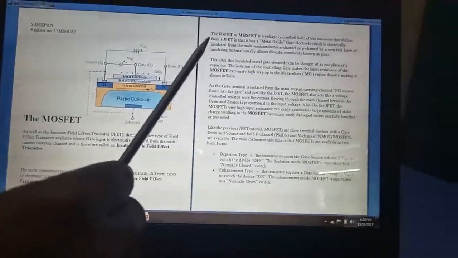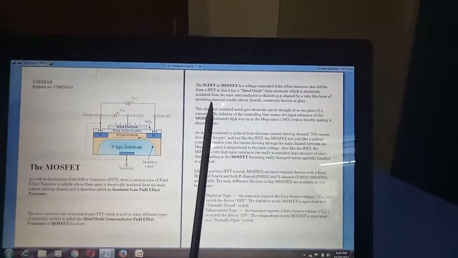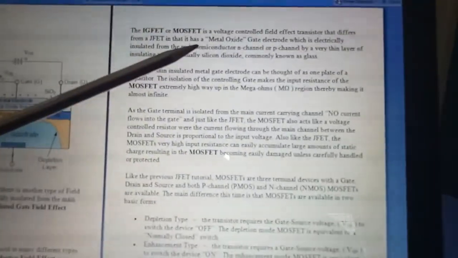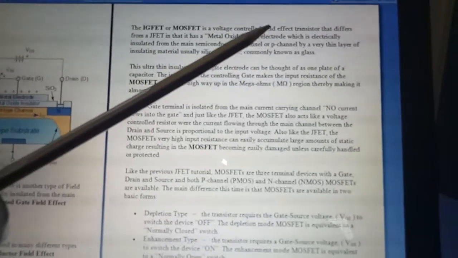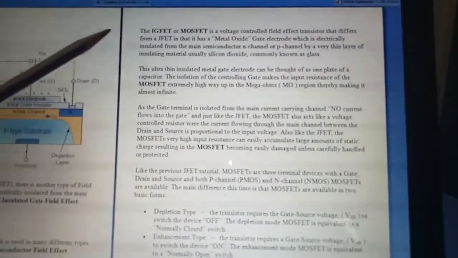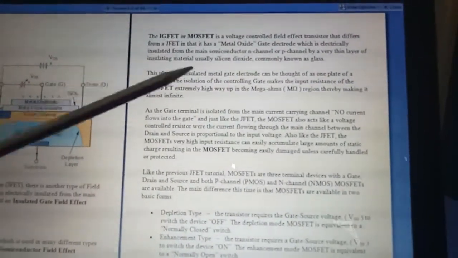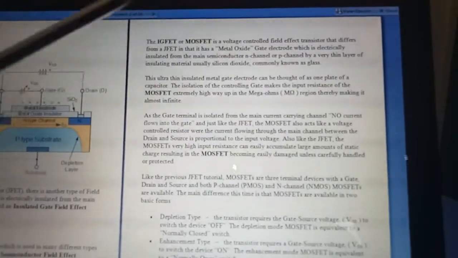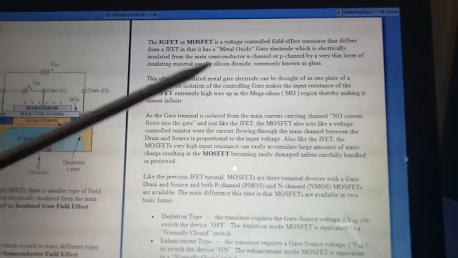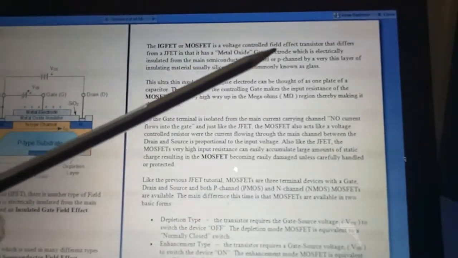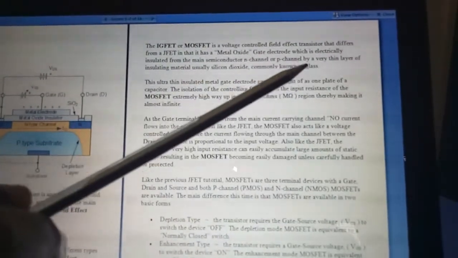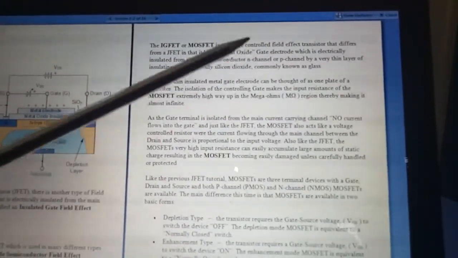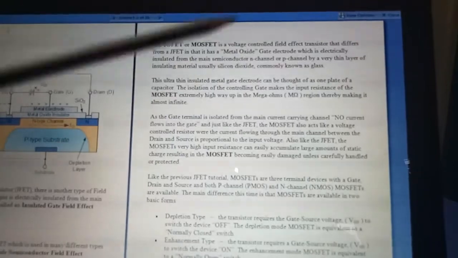The IGFET or MOSFET is a voltage controlled field effect transistor that differs from the JFET in that it has a metal oxide gate electrode, which is electrically insulated from the main semiconductor N channel or P channel by a very thin layer of insulating material, usually silicon dioxide, commonly known as glass.